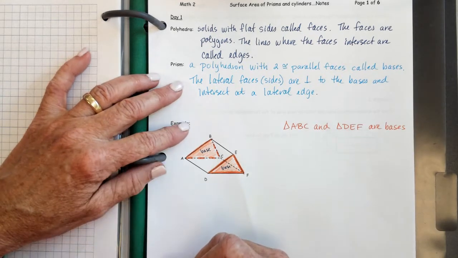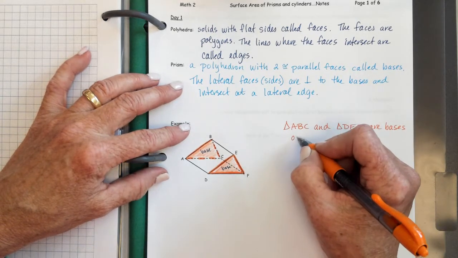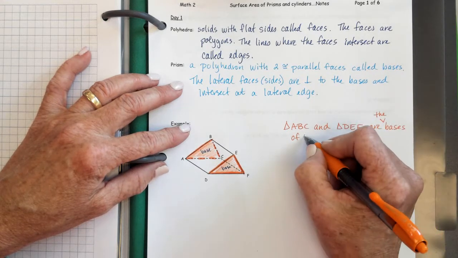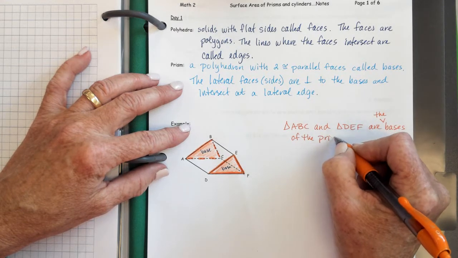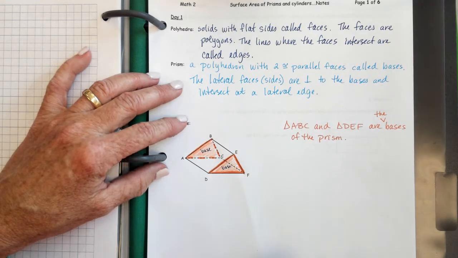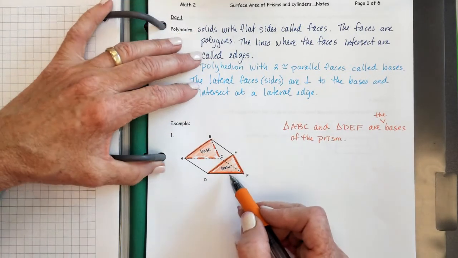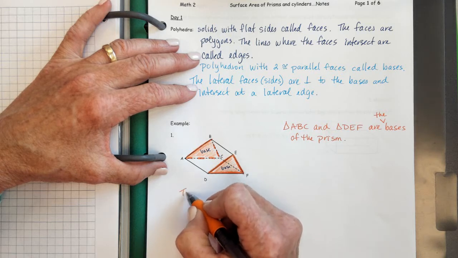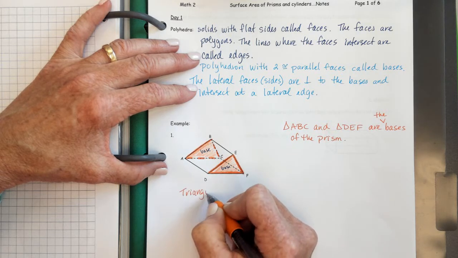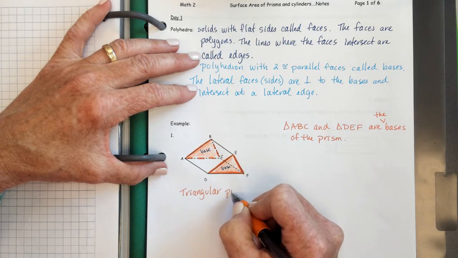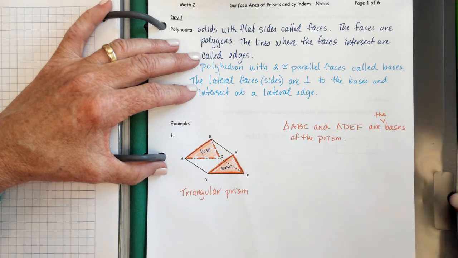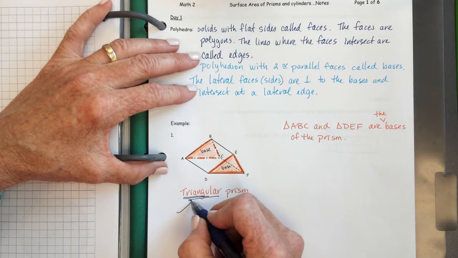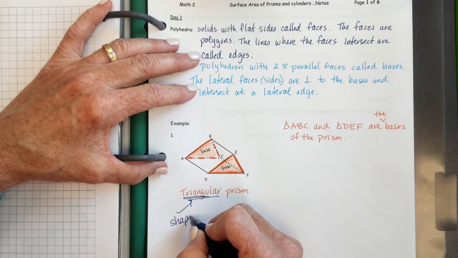So those two triangles are the bases of the prism. The shape of the base tells you the name of the prism. This is a triangular prism. This part right here, that first part, tells you the shape of the base.